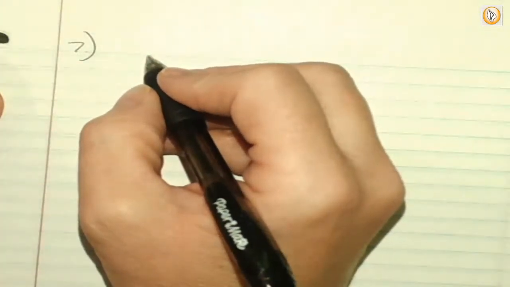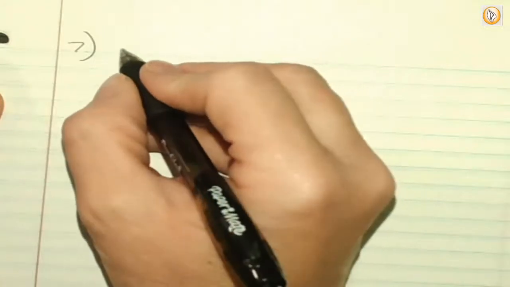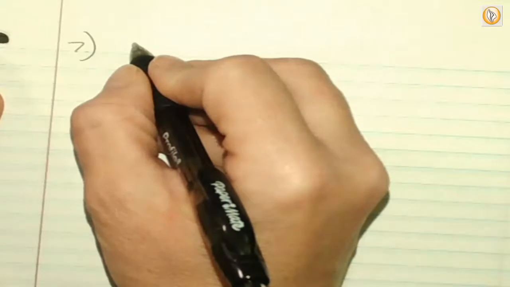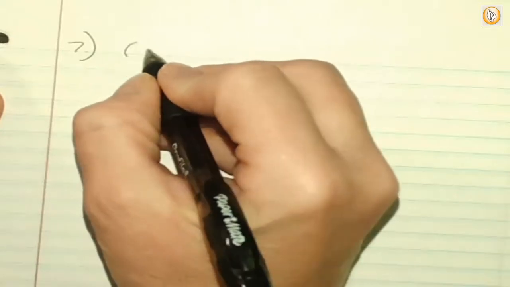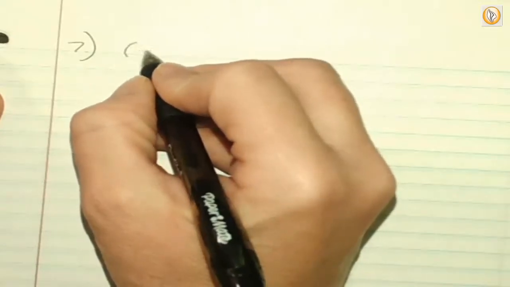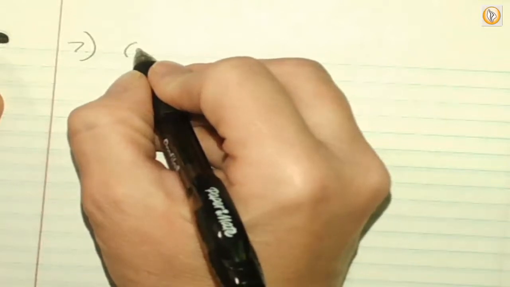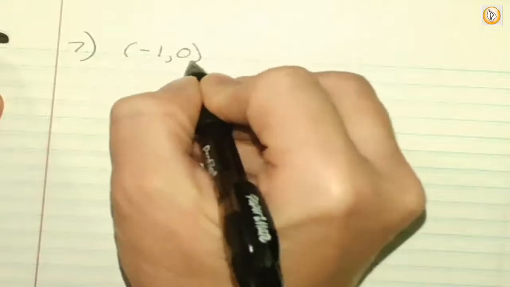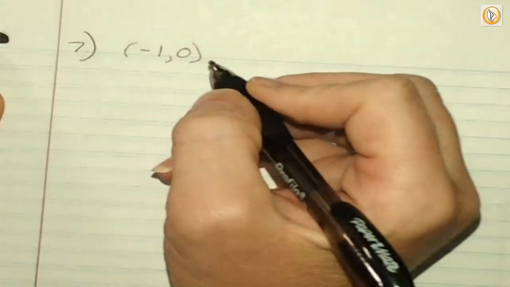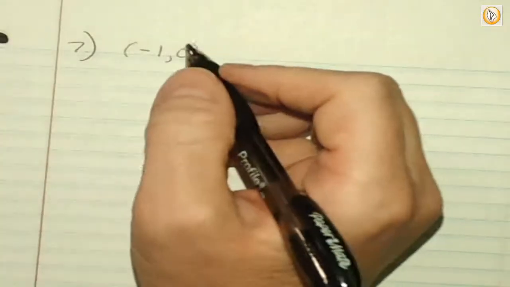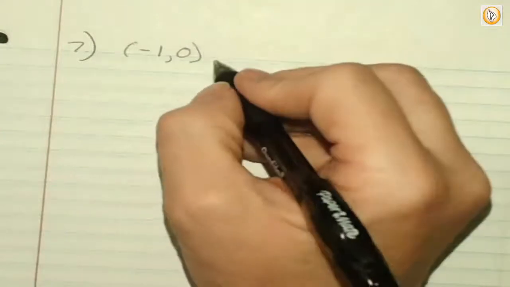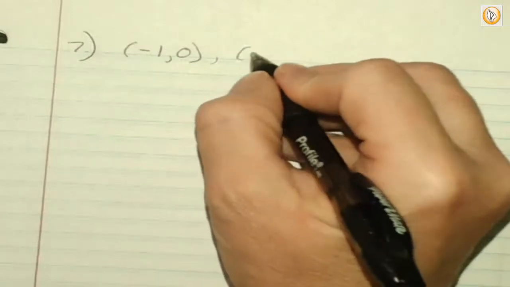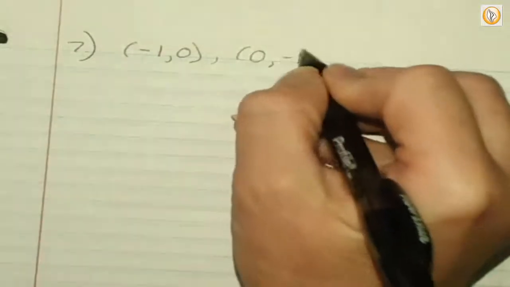-2, 0. Wait, which is it? Is it negative 1, 0? Yeah, it's -1, 0. Okay, so what's another one? 0, -1.